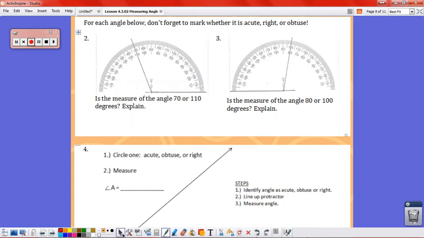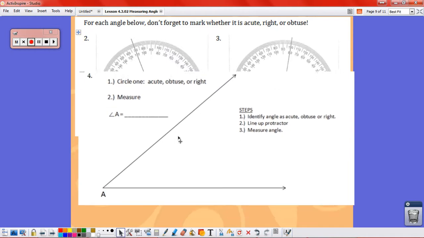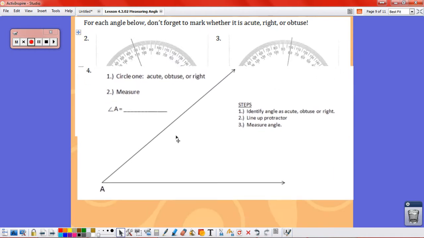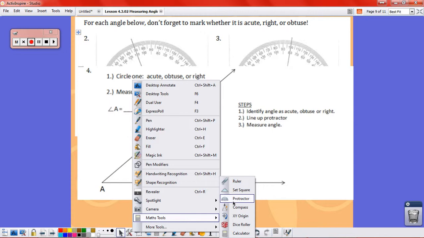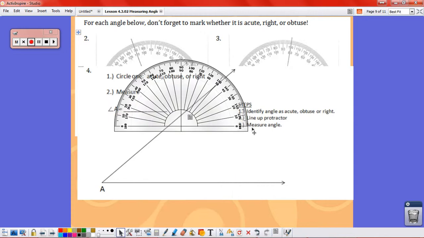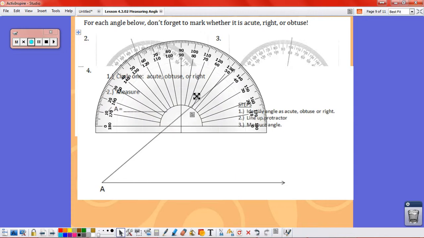And then the kids actually use protractors to measure some angles. I'm only going to do a couple of these as examples. You really have to have a protractor to get the most out of these. So here's my protractor, and I'll make it a little bigger.